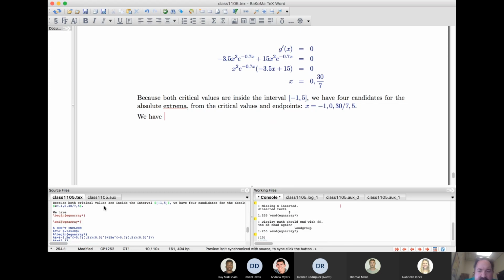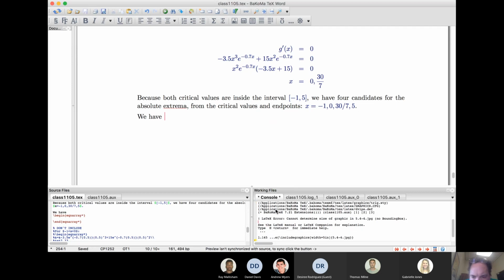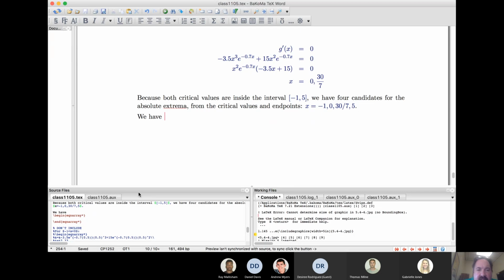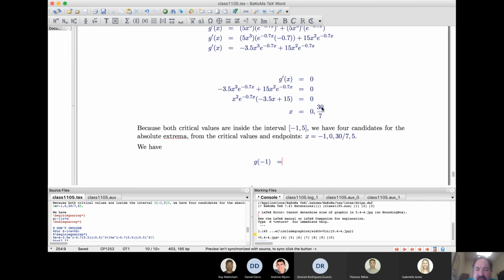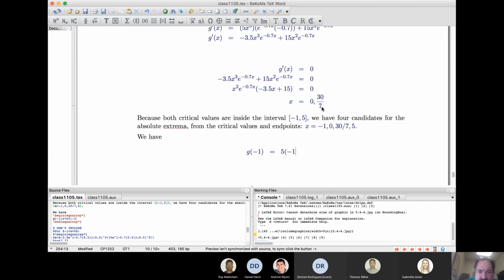All right, so f of minus 1. Oh, sorry, g. We called the function g. So the original function is 5x cubed e to the minus 0.7x. So 5 times minus 1 cubed times e to the minus 0.7 times minus 1.